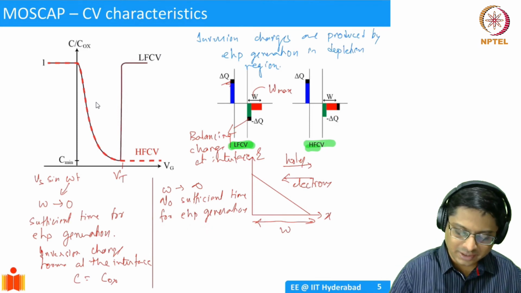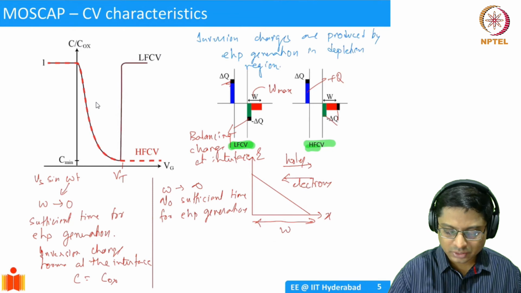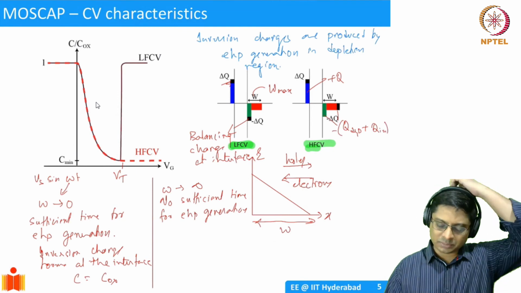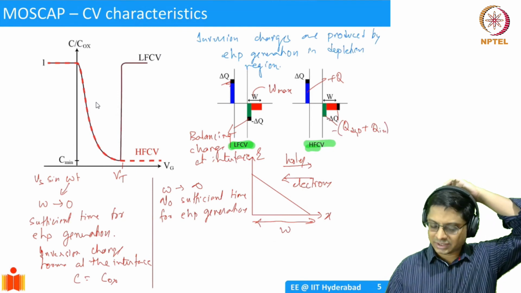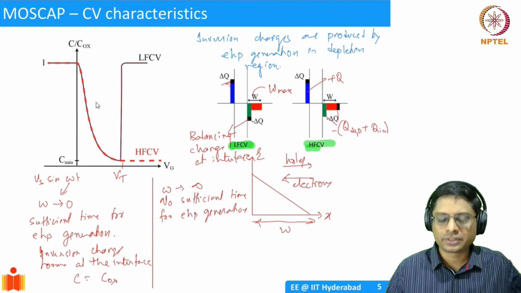So I have my plus Q here, and my minus Q is formed by two of these. It will be formed by Q depletion plus Q inversion. Both are minus: exposed acceptors, and in this case electrons. So you have these two charges.